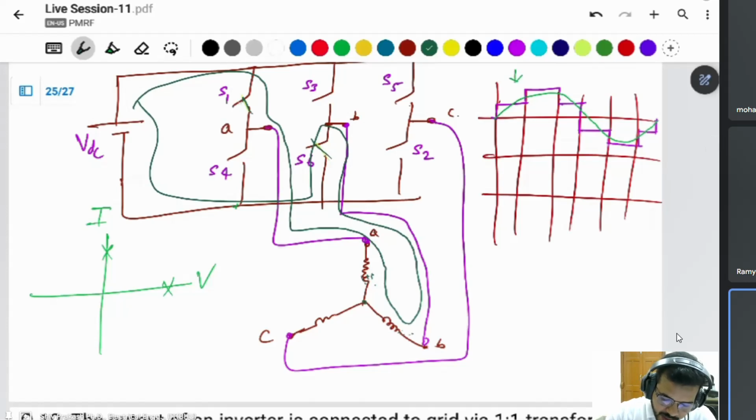And then suddenly suppose you switch these off. If there is a resistive load, then current will suddenly become 0. There is no problem; you switch off this one. Another problem is there.